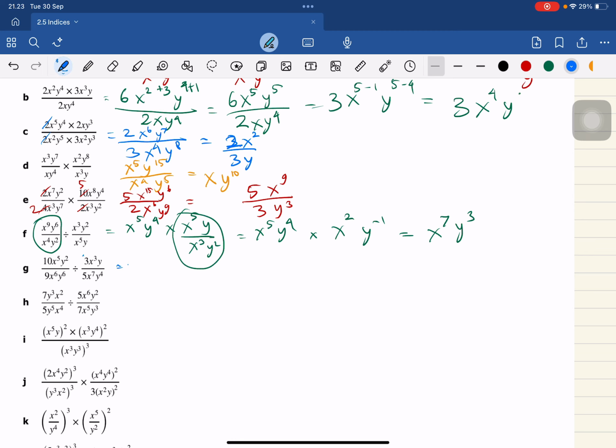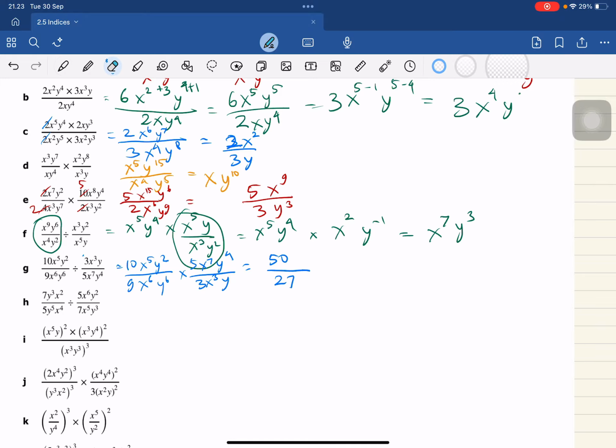So it's going to be 10 x power of 5 y power of 2 divided by 9 x power of 6 and then y power of 6, multiplied by 5 x power of 7 and y power of 4 divided by 3x power of 3 and then y. Let's find out, can we simplify it? So 10 times 5 is going to be 50. 9 times 3 is going to be 27.